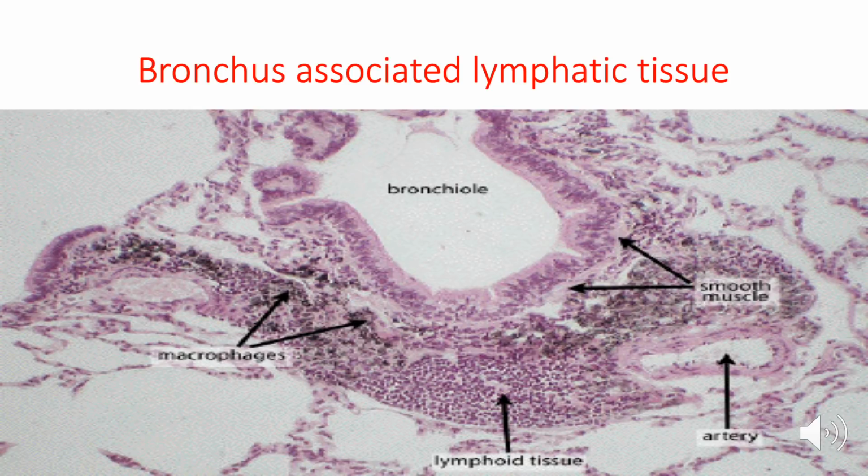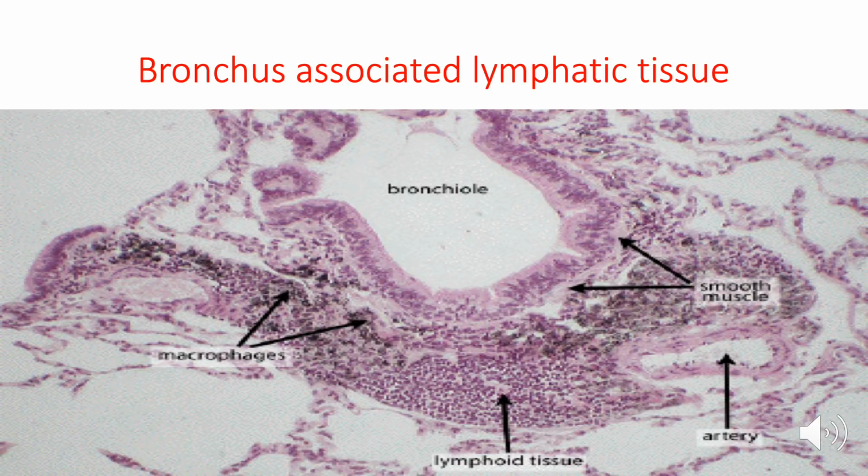There are two types of mucosa-associated lymphatic tissue, MALT. The first type is the bronchus-associated lymphatic tissue or BALT. These lymphatic tissues are found in the organs that belong to the respiratory system. So take a look at the cut section of the bronchiole.